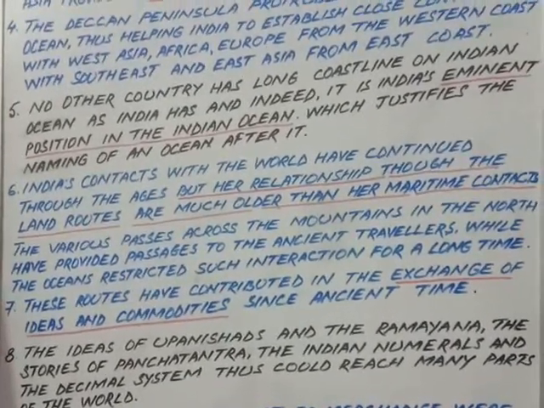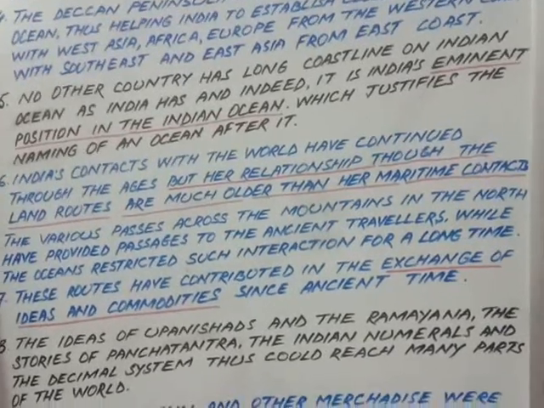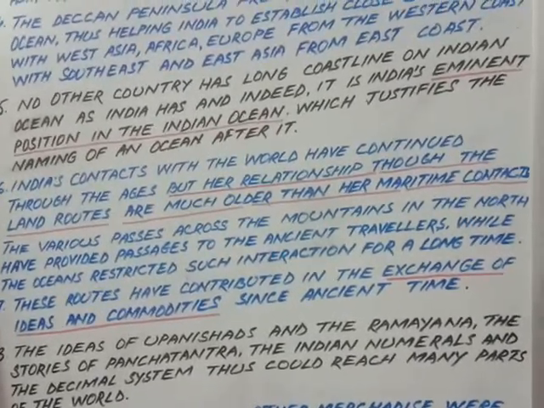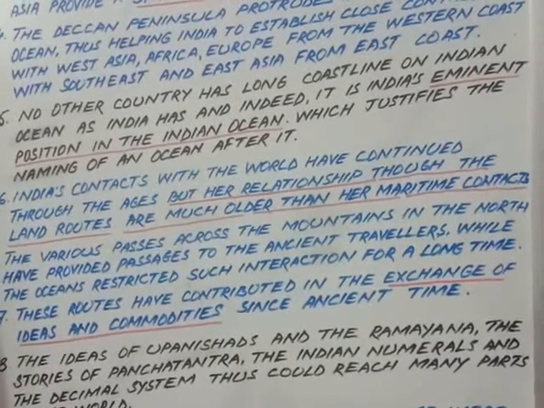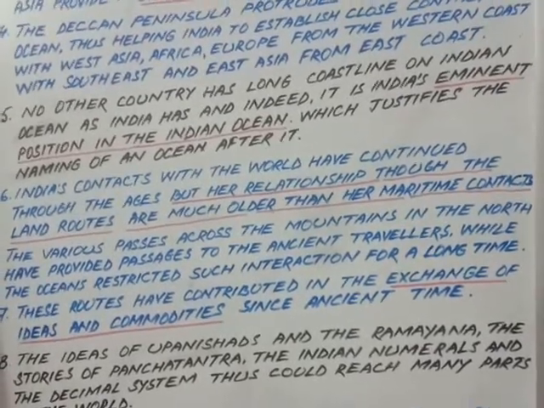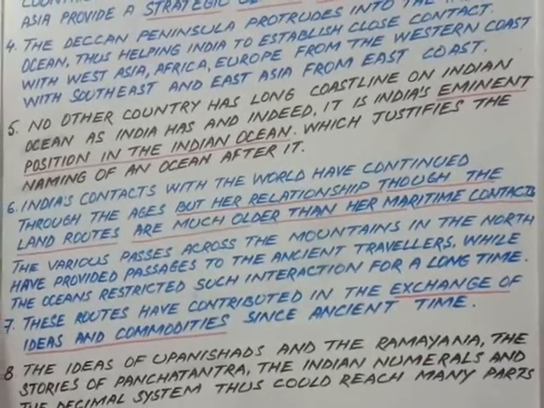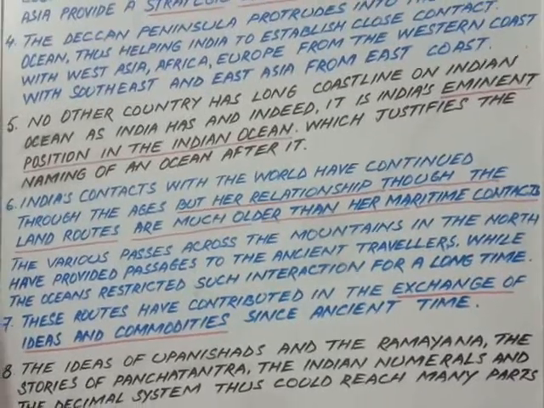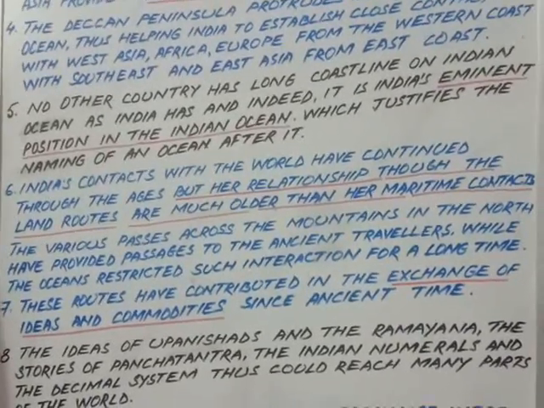These passes and routes have helped us to spread our ideas to the rest of the world, and we also received ideas from the rest of the world which came through these passes and routes.